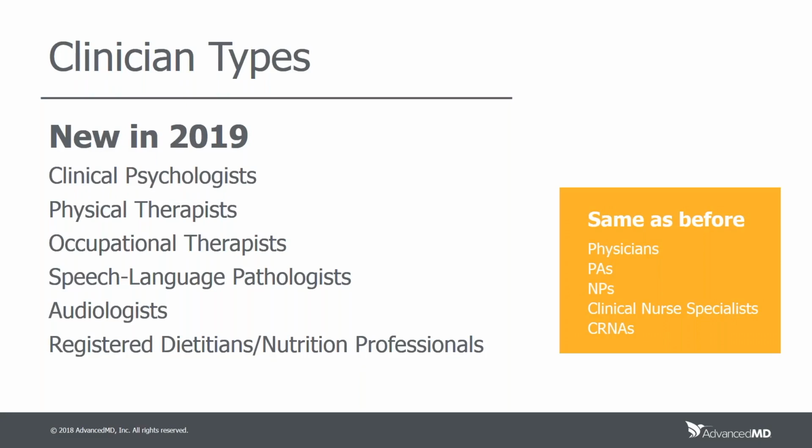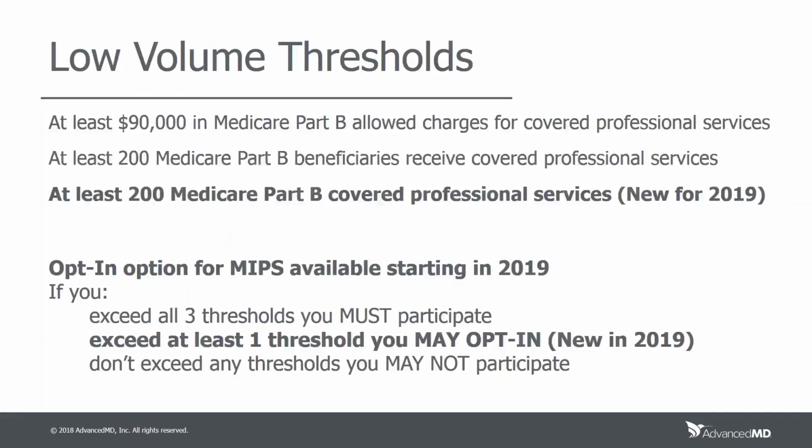The other part of who gets to participate is the low volume thresholds. There are 3 of them now. They did add a new one for 2019. So we have the first one, at least 90,000 in Medicare Part B allowed charges for covered professional services.